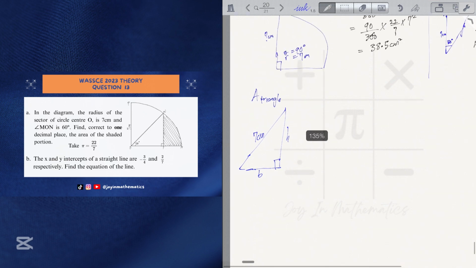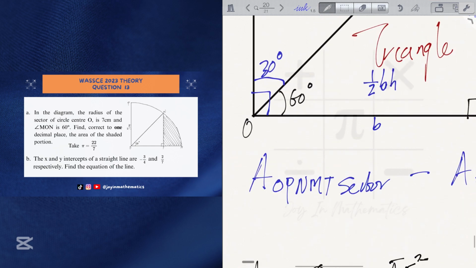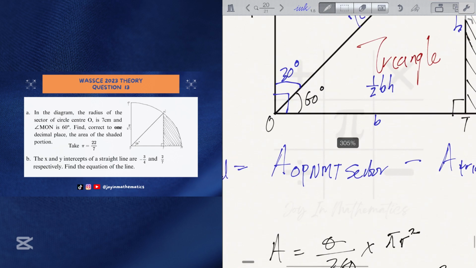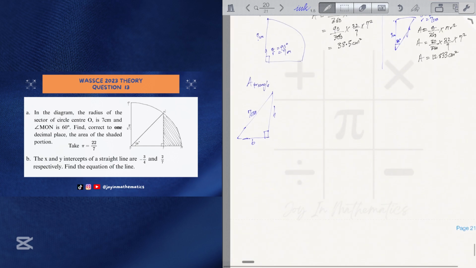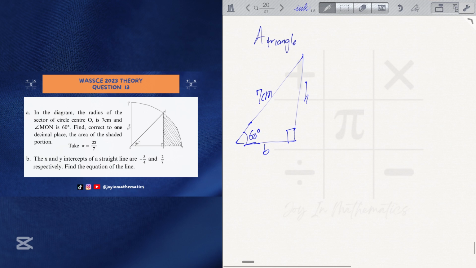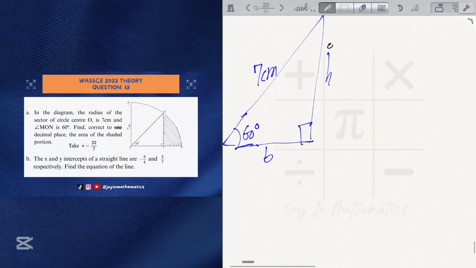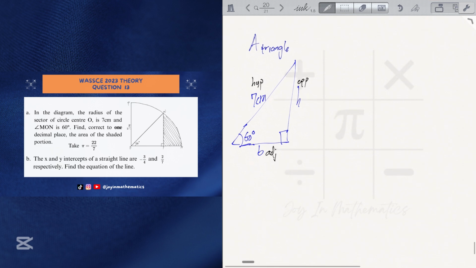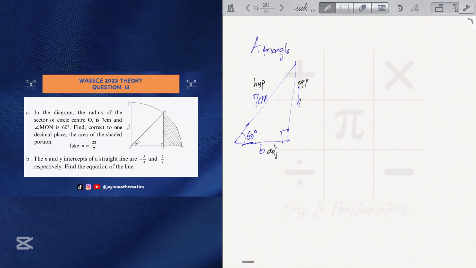The angle for this triangle, we can see, is 60 degrees. Now considering 60 degrees, h is the side facing the angle, which is the opposite. We will have our hypotenuse and also the adjacent. So how do we find the height and how do we find the base?